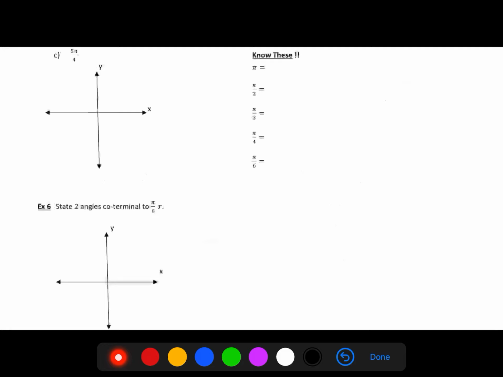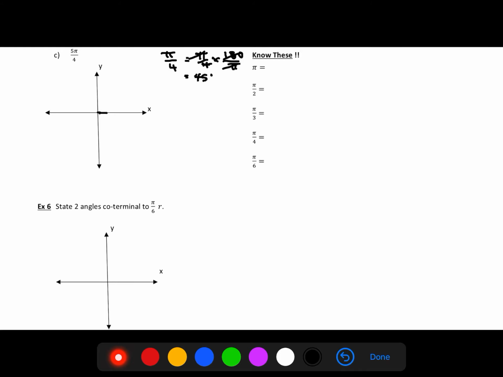Third one, we have 5 pi over 4. Again, we can think about what pi over 4 is. Pi over 4 is one that you want to know, so we're going to take pi over 4 times 180 over pi, and simplifying, we see that we have a 45-degree angle.